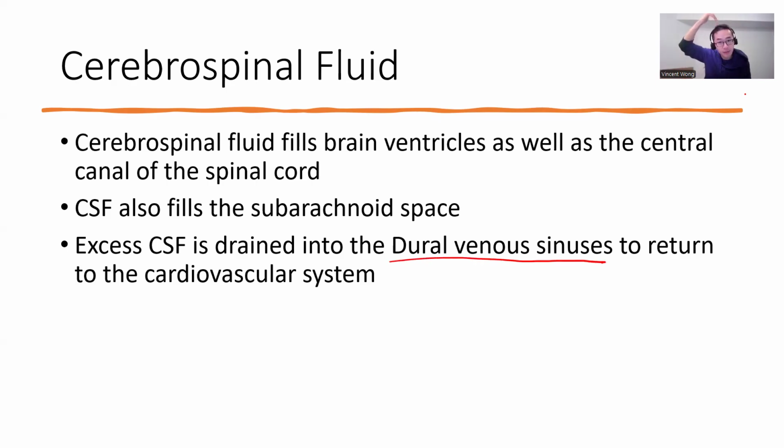Up here, right? Durovenous sinus, where the two layers of the dura mater separate, form a cavity, and all that excess CSF is going to go there. Now, what do we need the CSF for? How does it actually protect the brain and the spinal cord?